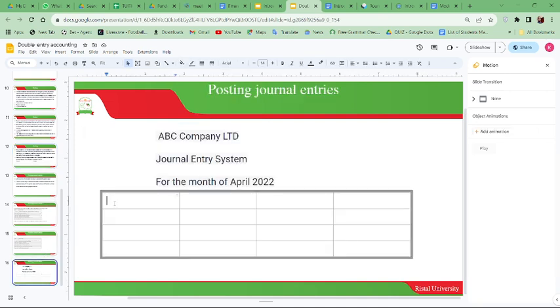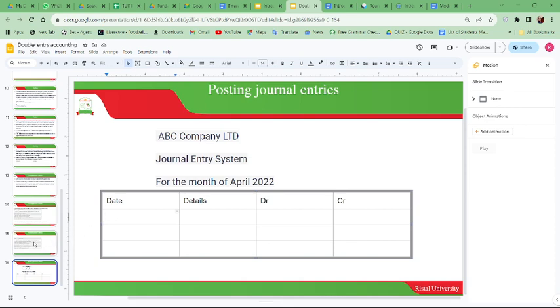You start with the date, then you put the details, then you put the amounts. So we have DR, which is the debit side. Then we have CR, the short form of credit.